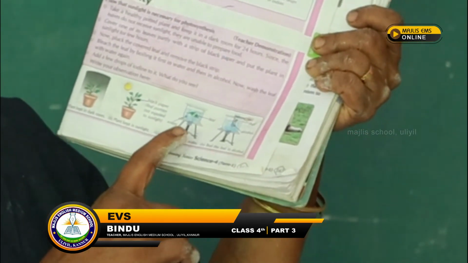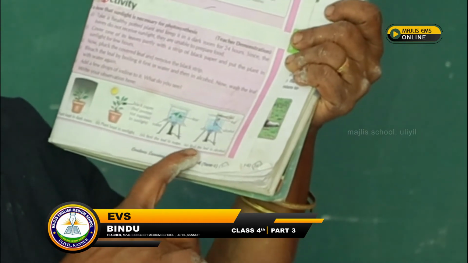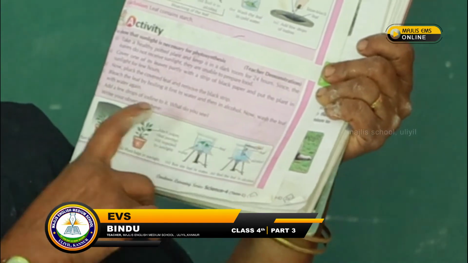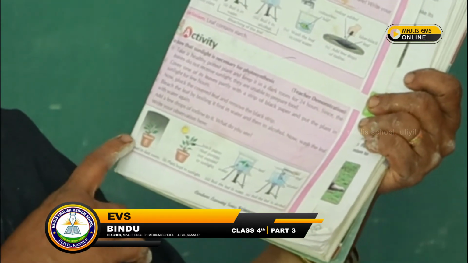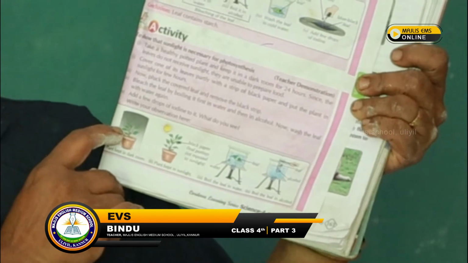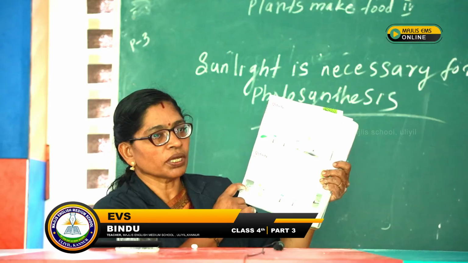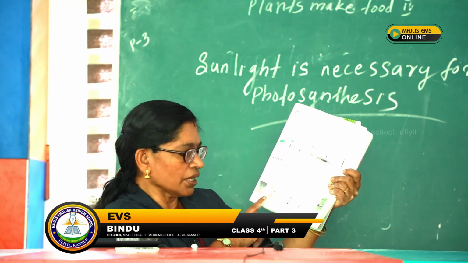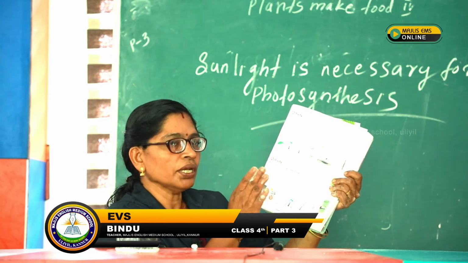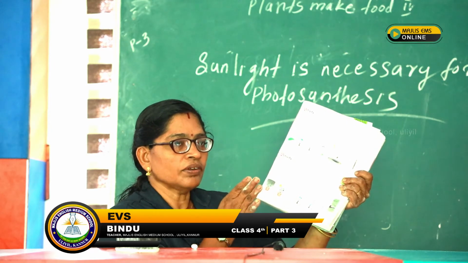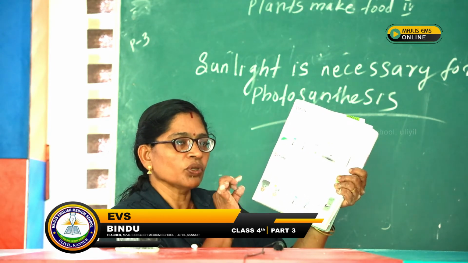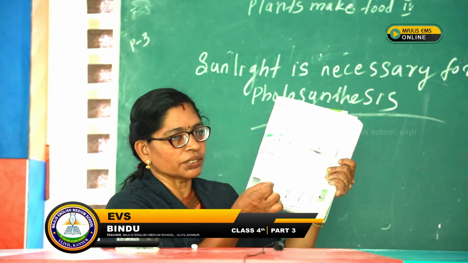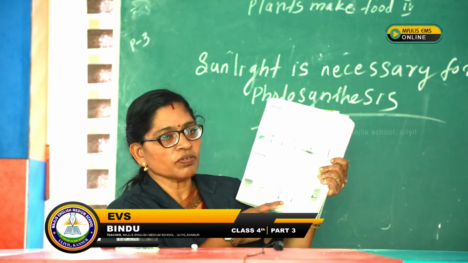Boil the leaf in boiling water and then in alcohol. Okay, first take a healthy plant and put it in a dark room. Then after 24 hours you put it in sunlight, and one of the leaves you cover with a strip of black paper. Then you pluck the leaves and the bleaching process goes on.